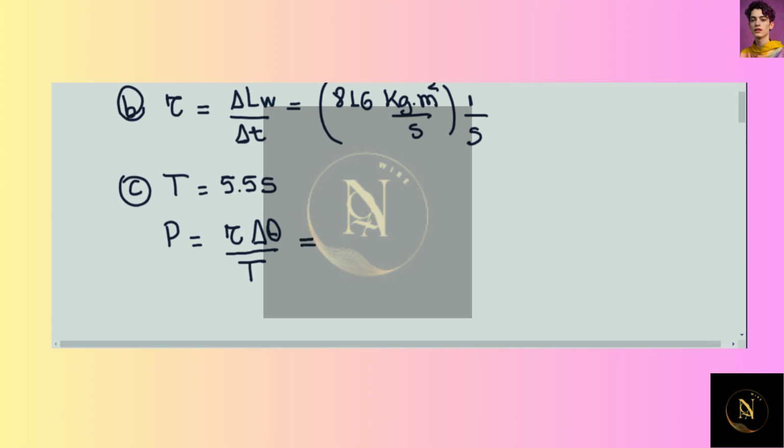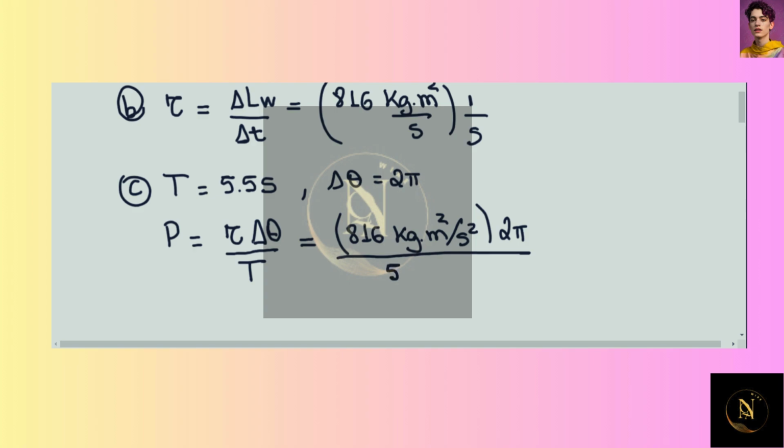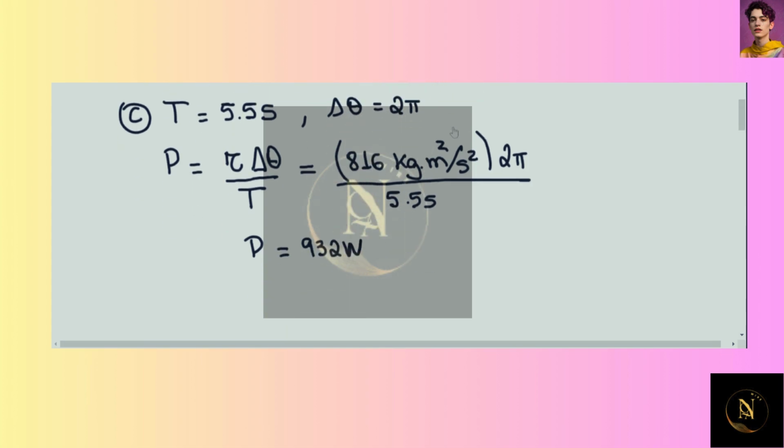And if delta theta is just 2 pi, one revolution, then the time is 5.5 seconds. So tau is 816 kilograms meters squared per second squared times 2 pi radians divided by 5.5 seconds. So the power is equal to 932 watts. And this is the answer to our exercise.